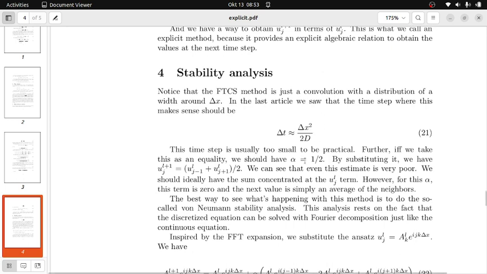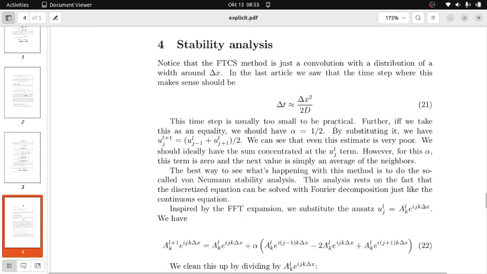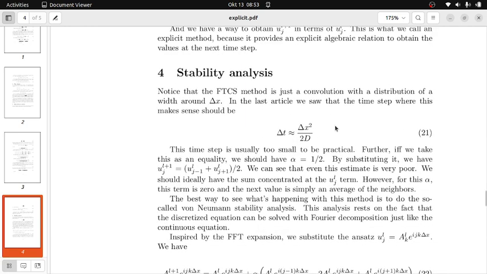And then if you substitute this, we have alpha equals 1/2. And then you see already something odd here, because if you substitute alpha equals 1/2, this term will be 0, and these two will be half and half. It looks weird, right?